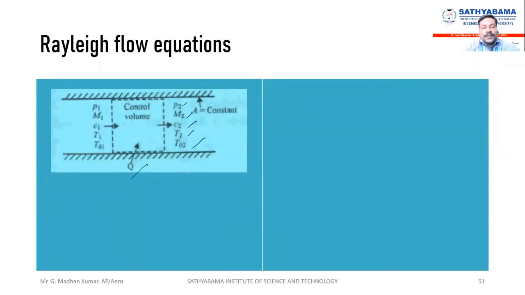What are the basic equations needed for simplifying the Rayleigh flow equations? First, we need the continuity equation. The second, the momentum equation. The third, the energy equation. The fourth, the equation of state.